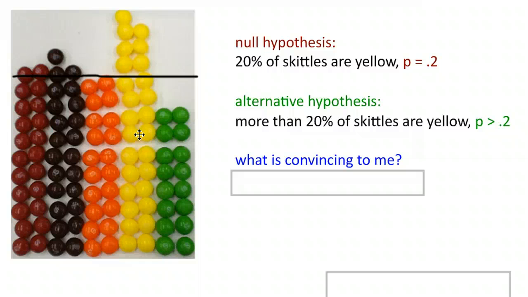But if something could happen only 5% of the time, that starts to seem so unlikely that I would almost want to reject the null hypothesis. So if it's unlikely enough for the null hypothesis to be true, then I will be convinced that I have to go with the alternative. That's the basic logic of the hypothesis test.